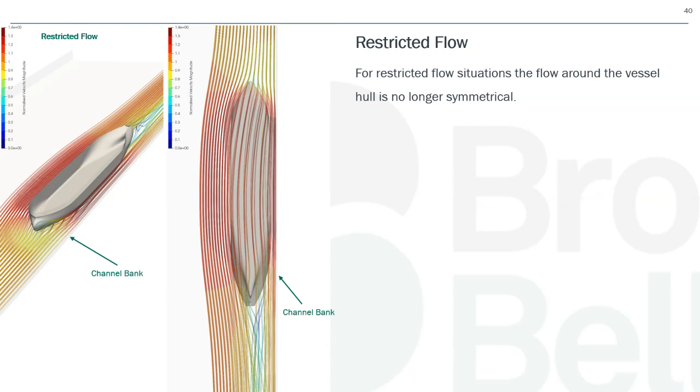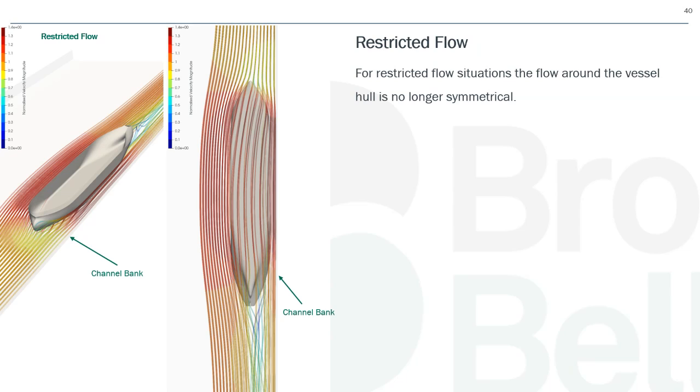The issue starts to arise when you come away from open water flow. In restricted channels, where you have a channel bank near your vessel, and you look at your streamlines along or over your vessel, you start to see immediately that it's very asymmetrical flow.